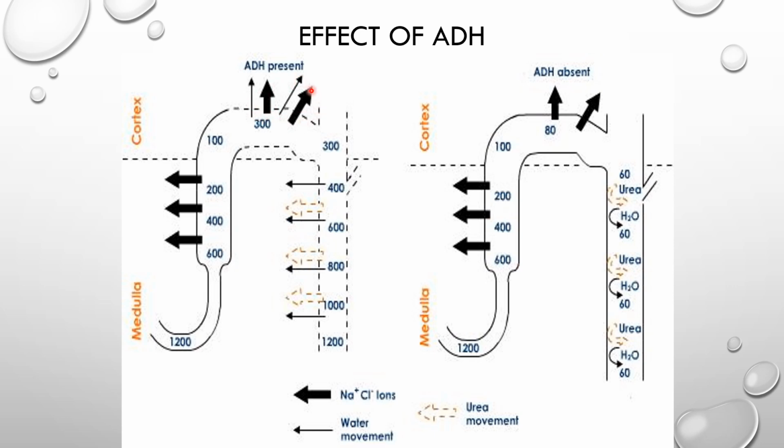So more water and solute move out of it, and it acts on the medullary collecting duct, by which water and urea are reabsorbed. In its absence, there will not be much movement of urea and water, though the solutes move out through active transport. The urea and the water movement will not occur.